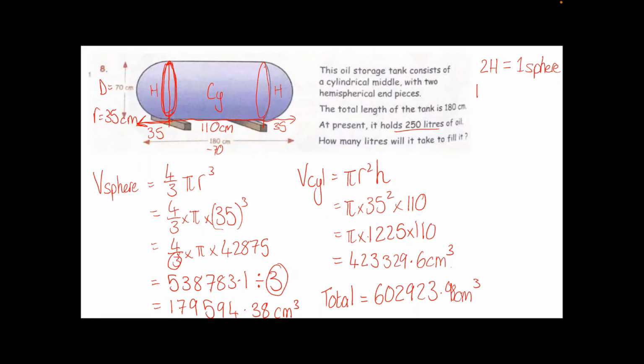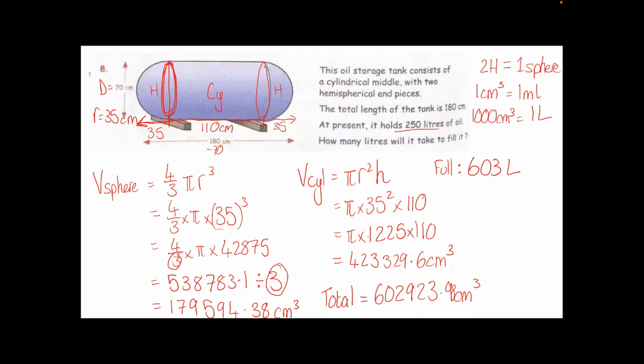What we should know is that 1 centimetre cubed is the same as 1 millilitre of liquids. So 1,000 millilitres are in a litre. So 1,000 centimetres cubed is going to make 1 litre. If we divide our total by 1,000 then, we are looking at roughly 603 litres when full.